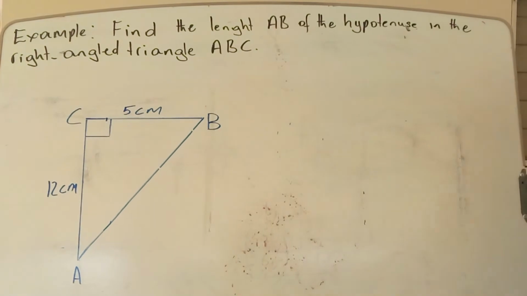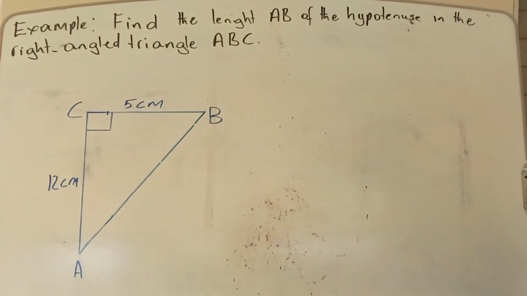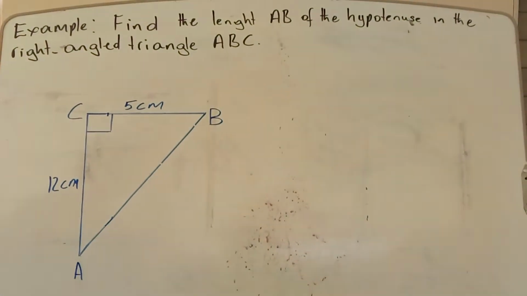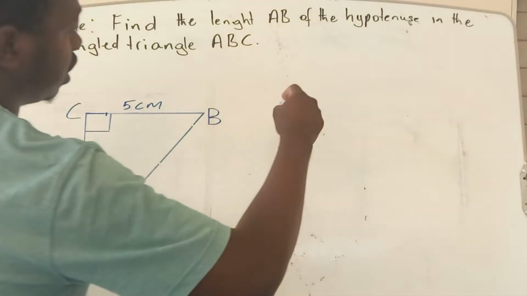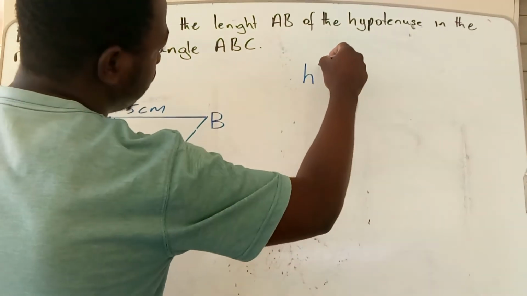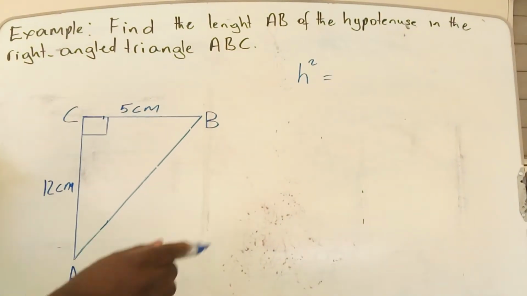So now you would have understood and learned the Pythagorean theorem. And we know that the Pythagorean theorem states that the hypotenuse squared, which we could call h for hypotenuse, is equal to the sum of the squares of the other two sides.